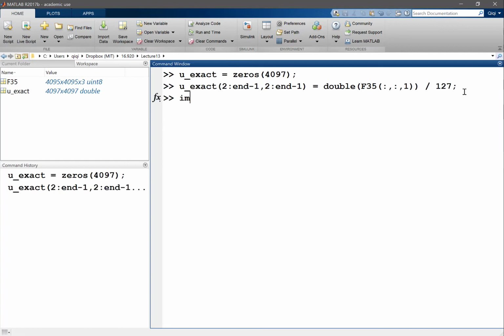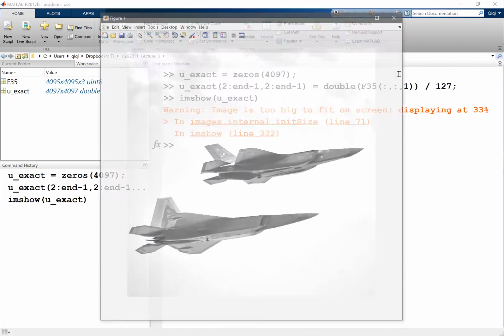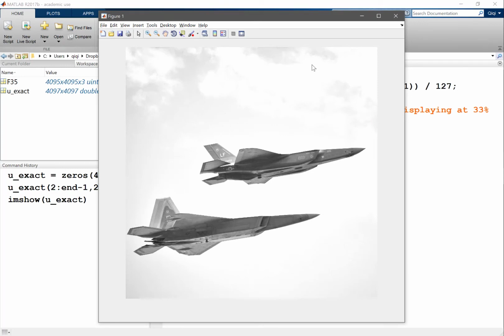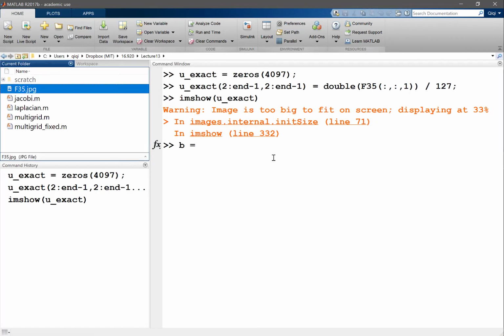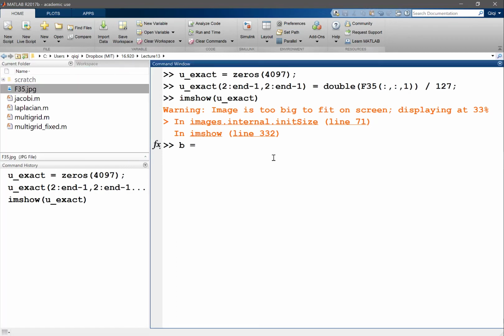So if I do this, what you see is this image being my exact solution. If this is my exact solution, I can evaluate my right-hand side to be just A times the exact solution.